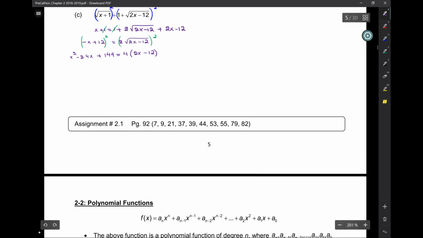Okay? So that's x squared minus 24x plus 144 equals 8x minus 48. Now bring everything over. So x squared minus 32x plus 192 is equal to 0.